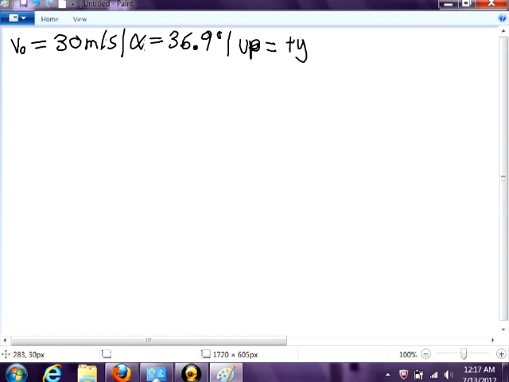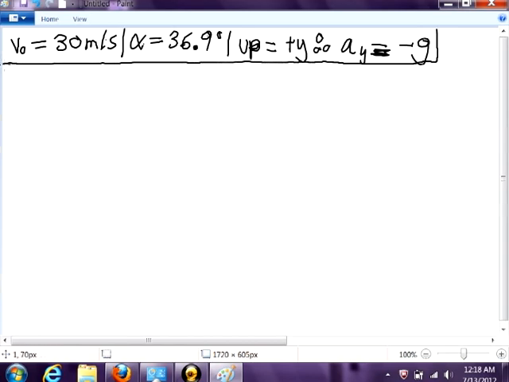Which would mean that the acceleration in the y direction is equal to negative g. Sorry, I'm having so much trouble with this pen. Okay, so we know this stuff.